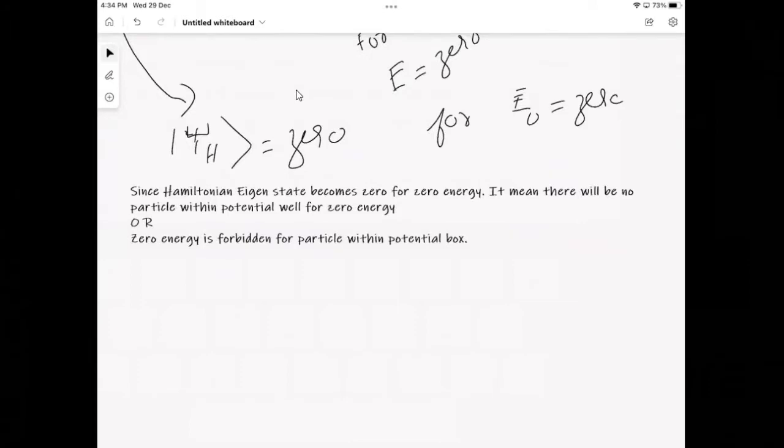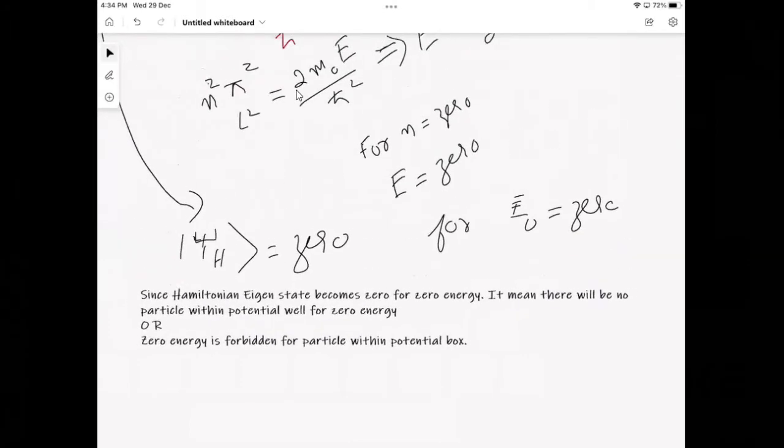Okay, got it? So E naught does not exist. Okay, so it means E naught will not exist.